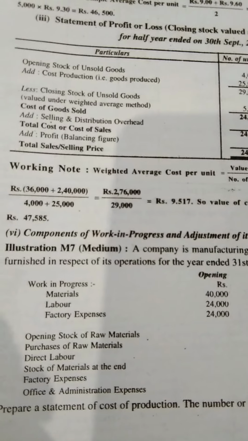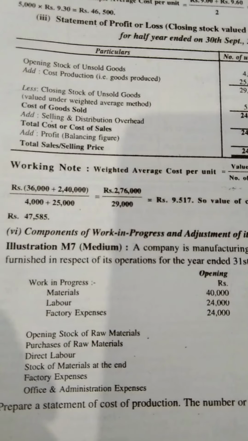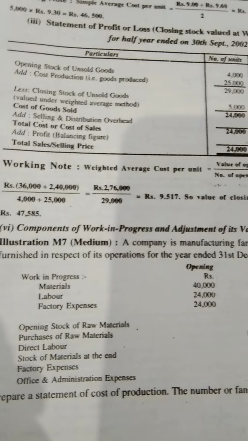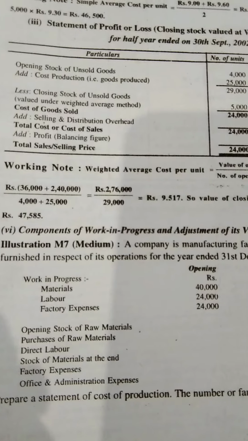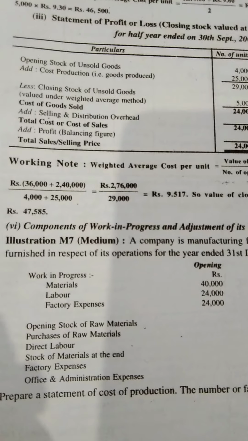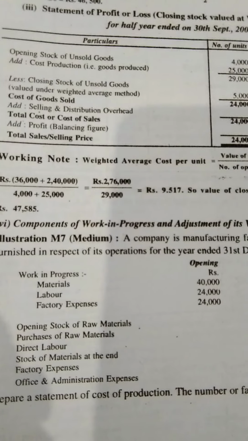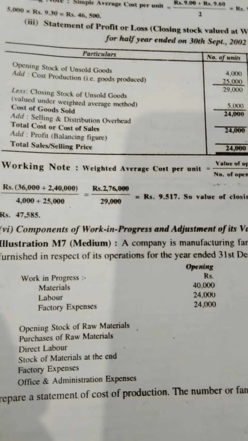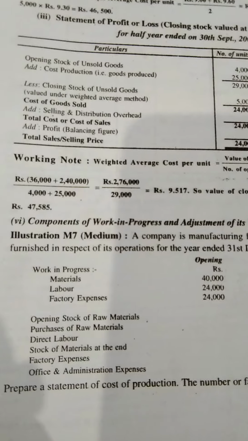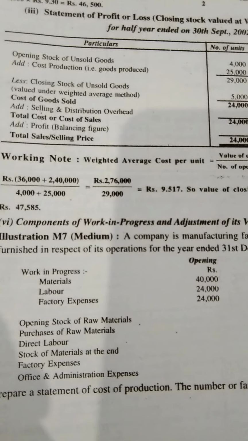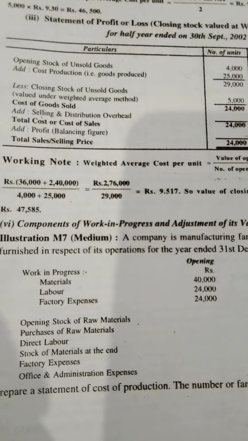Now the value came out as 9.517, and you should also write that formula for your purpose. You write in this way: in case of weighted average cost, the calculation of cost per unit, you should write down in your copy P1 Q1 plus P2 Q2 divided by Q1 plus Q2.